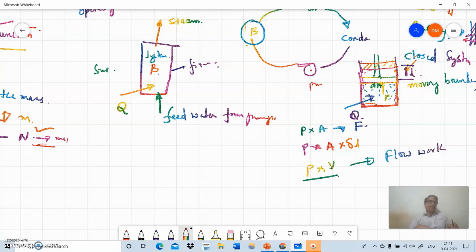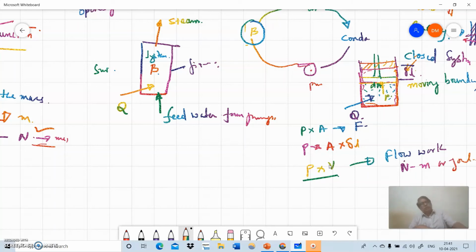So when you add heat, due to the heat the volume will expand, and with the same pressure, whatever the pressure is there, the volume will change. That is the flow work. That is PV, a flow work, and its unit is Newton meter or Joule.